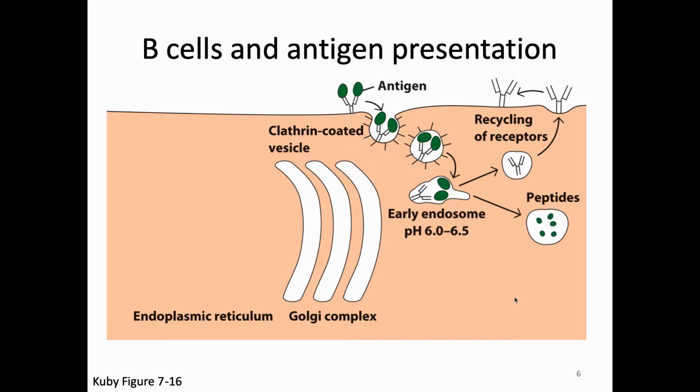So B cells are able to acquire antigen not through phagocytosis. Instead, they bind antigen with their B cell receptor and perform receptor-mediated endocytosis to bring that antigen in. Eventually, the receptor will get recycled back onto the surface of the cell while the antigen will get degraded.